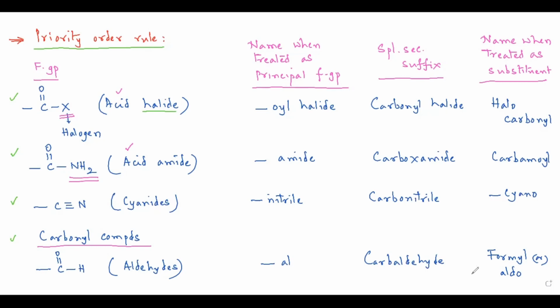Formyl or aldo. In fact, it also has another name. We'll put a star over here because this is a special case. Sometimes we call it oxo, just like the ketones are called. But let me give you an example of when we call this oxo.